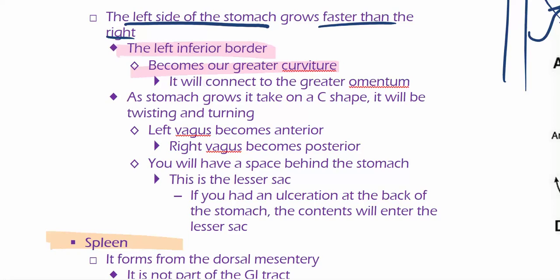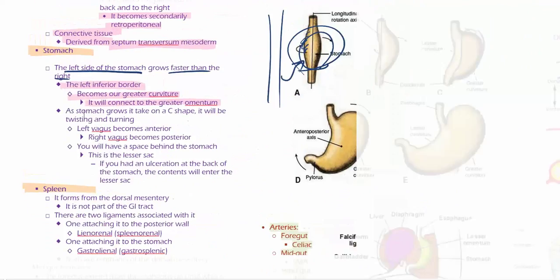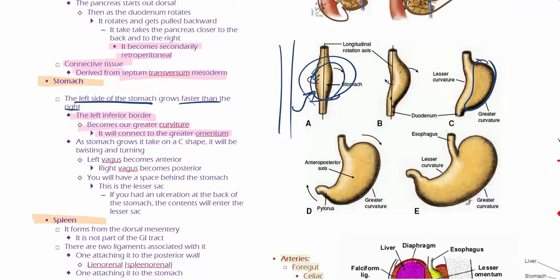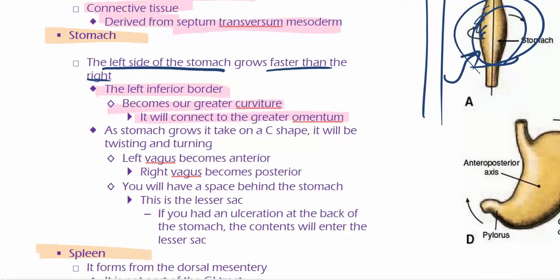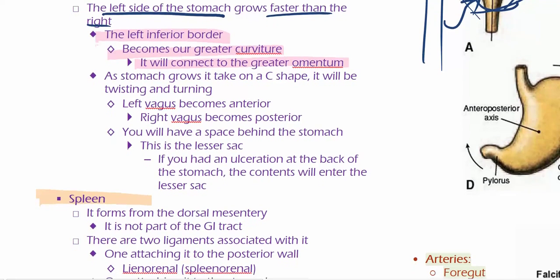The greater curvature of the stomach is going to connect to the greater omentum. And in case you forgot, the greater omentum goes over here, and the lesser was up here. It's not quite correct, but it makes sense in my head. Okay, cool.